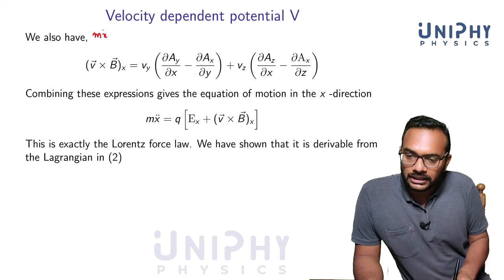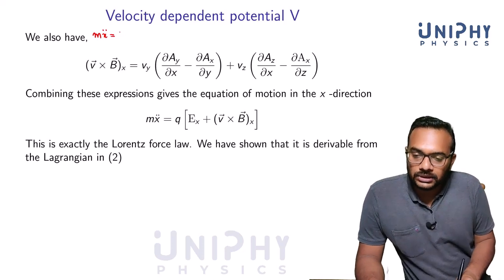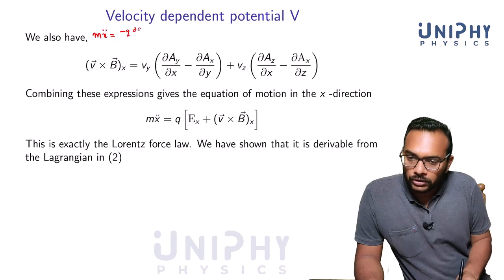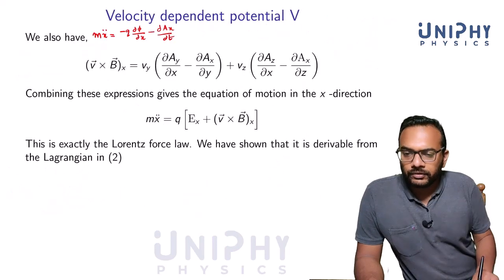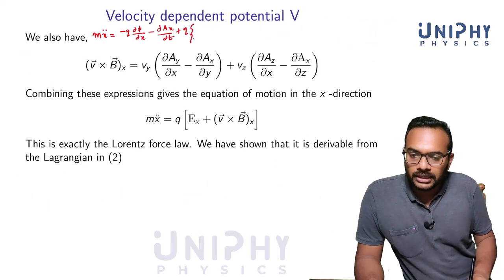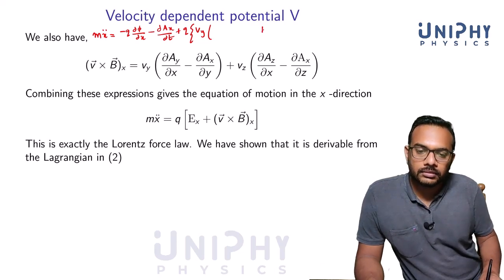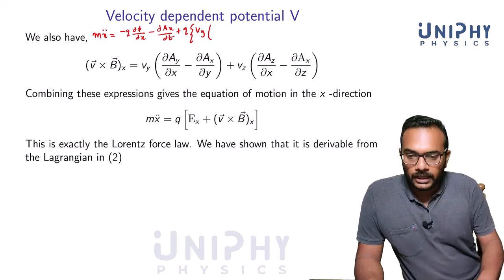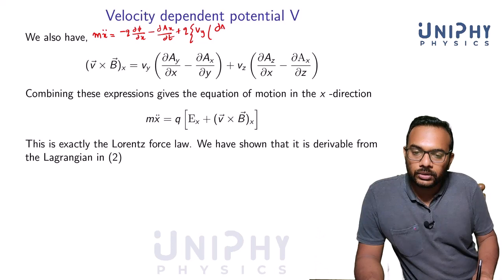Let's write it down here. The equation of motion that we got is m x double dot is equal to, just for future reference, minus q times ∂φ/∂x minus ∂Ax/∂t. And what are the other terms we have? We have plus q multiplied by vy times (∂Ay/∂x minus ∂Ax/∂y).